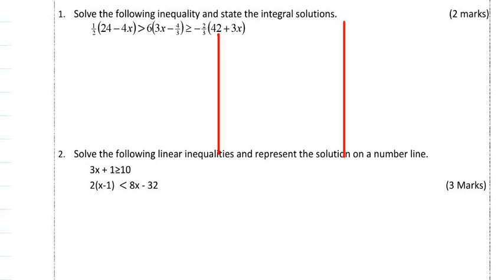Solve the following inequality and state the integral solutions. When we consider this inequality, it is a compound inequality since it has two different inequality signs. So we have to separate it into two inequalities.